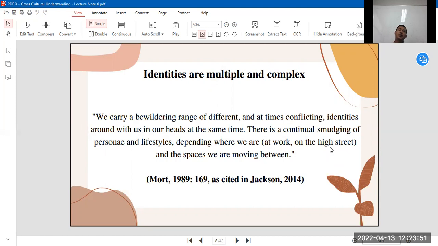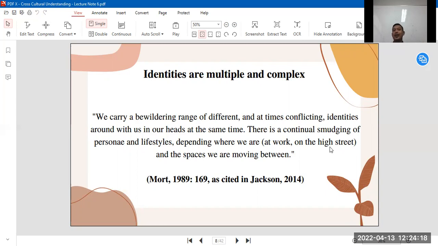Individuals have multiple identities and they have different aspects of themselves in diverse social and cultural contexts and circumstances. Let's say when we are at the workplace, we become the worker.